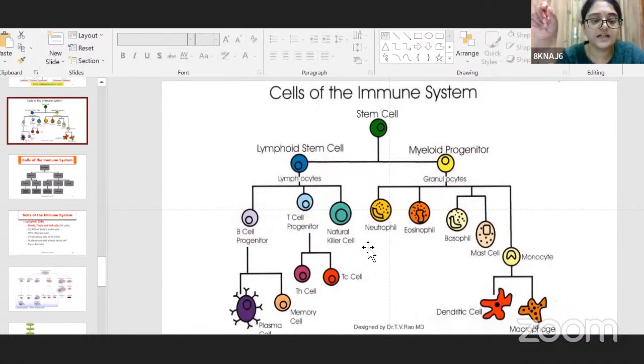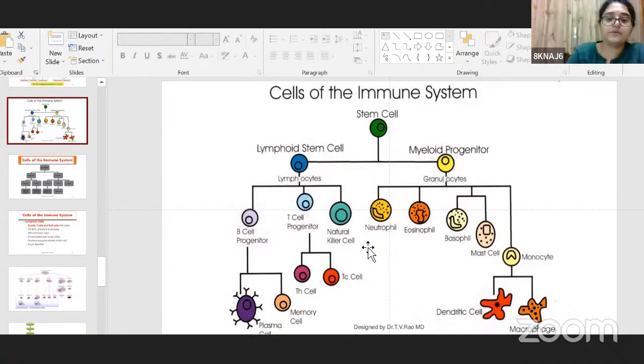So CD here stands for cluster of differentiation. Cluster of differentiation means how you differentiate between all the T cells is because of these particular proteins and molecules that are present. They are named as CD2, CD3, CD8, CD4, and then you have CD28 and CD45, which are all proteins basically.